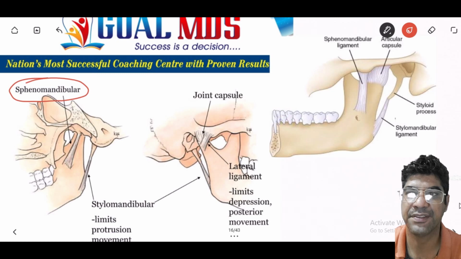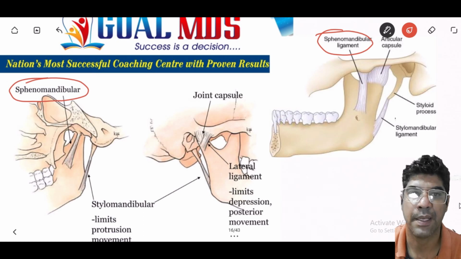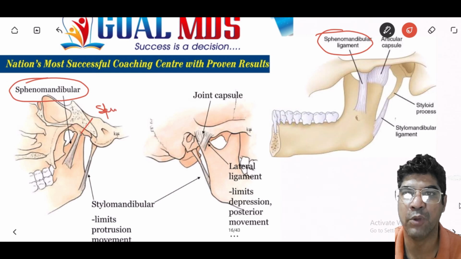Now let us discuss the various ligaments. What are the ligaments of the TMJ? The first is the sphenomandibular ligament.